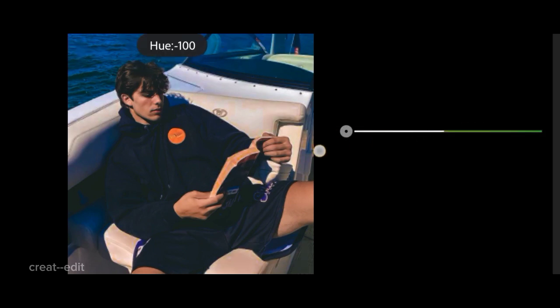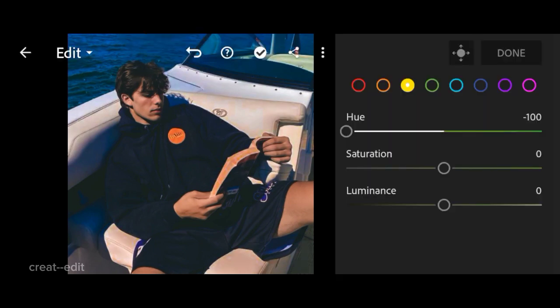Yellow hue minus 100, saturation minus 50, luminance plus 10. Green saturation minus 50. Aqua saturation minus 50.